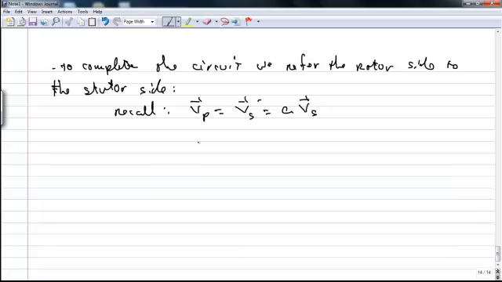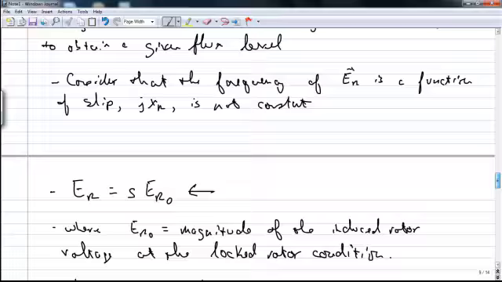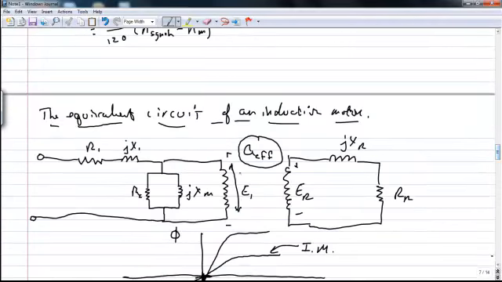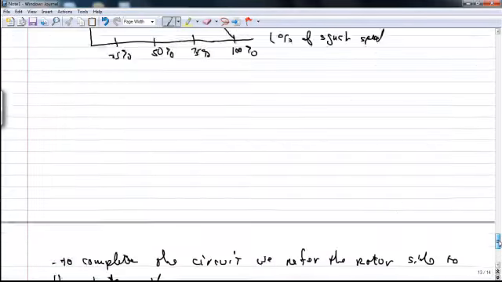So that's a relationship between the primary side and the secondary side current or voltage in a transformer. And we're talking about a transformer here because, remember, if we go back to our equivalent circuit, we have a transformer here, and we want to get rid of that. The way to get rid of it is to refer these circuit elements over to the other side using the equations for a transformer that are a function of the turns ratio A.